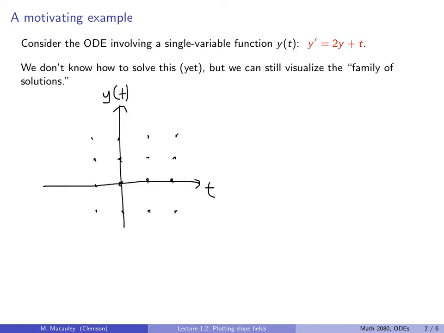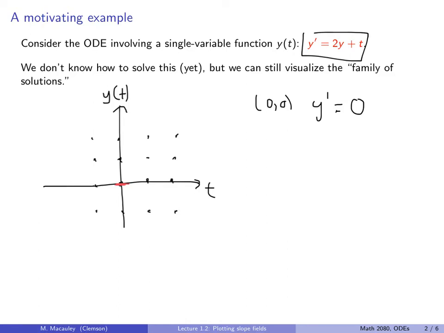So y prime, so here's our equation. At the point 0, 0, at the origin, the slope y prime is equal to 2y plus t. So at 0, 0, that's 2 times 0 plus 0 is 0. So that's y prime equals 0. So at the origin, I'm going to draw a little tick mark, a hash mark of slope 0.